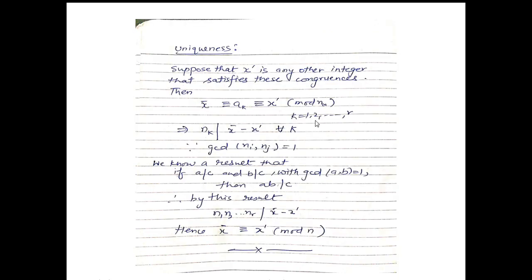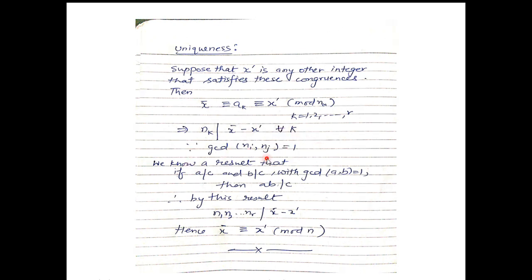Now, let us see the uniqueness of the solution. Suppose that x dash is any other integer that satisfies the system of congruences. Then x bar is congruent to ak is congruent to x dash mod nk. This implies that nk should divide x bar minus x dash for all k.